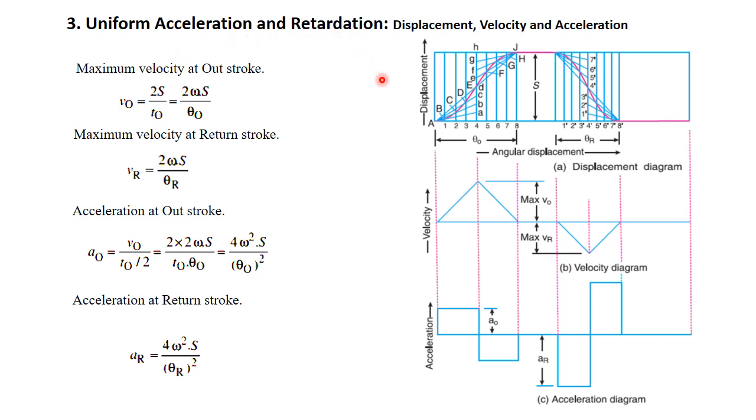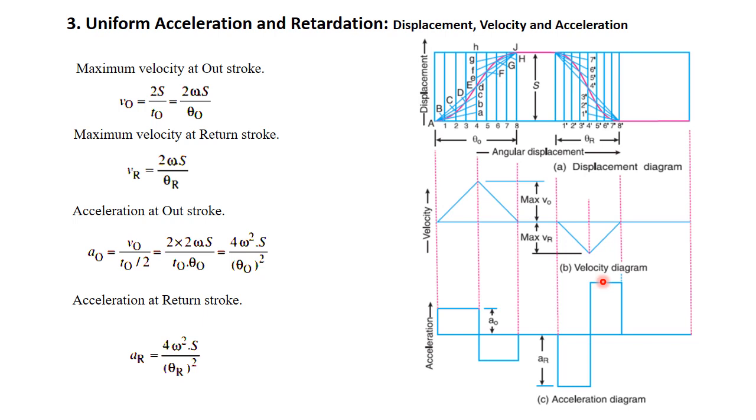In the previous case we had seen that the velocity was kept uniform. Now in this case the acceleration is uniform. So if we see the displacement, velocity and acceleration diagram, the acceleration diagram shows a horizontal line for acceleration and retardation both.